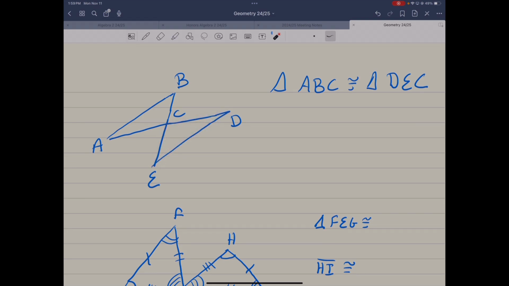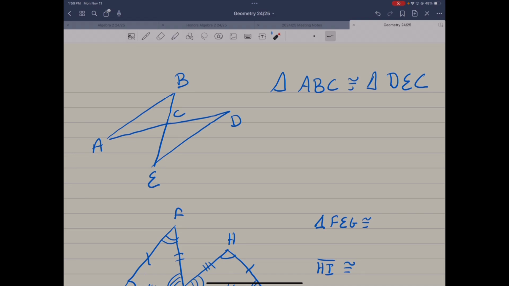I want you to put the tick marks and arcs where they belong. In the past, you've been given the tick marks and asked to write the congruency statement. Now I'm giving you the congruency statement. I want you to put the tick marks and arcs on the drawing.